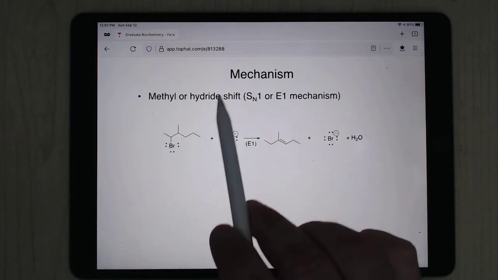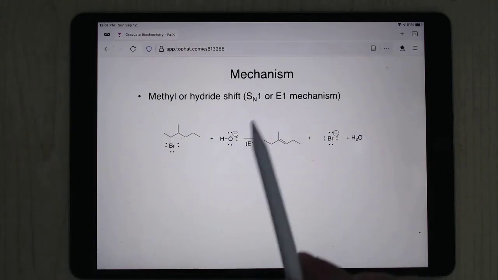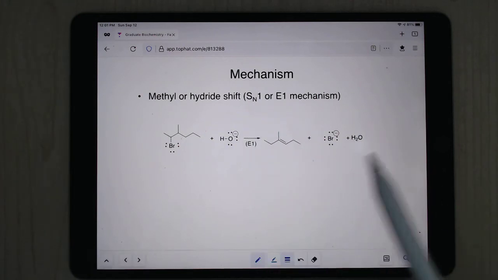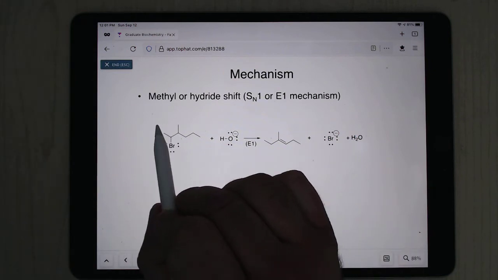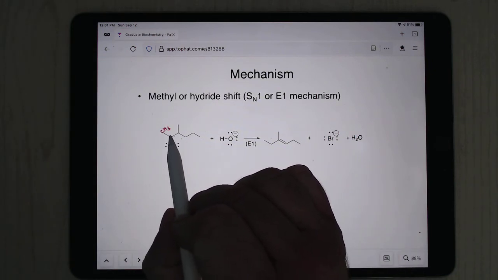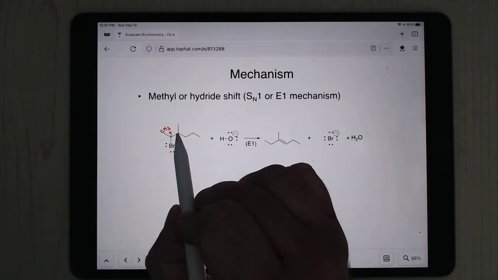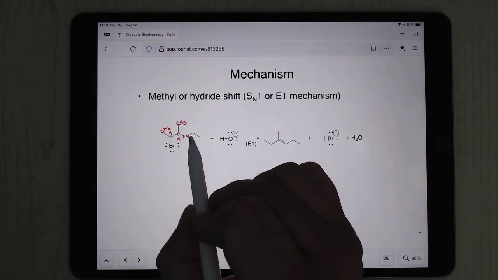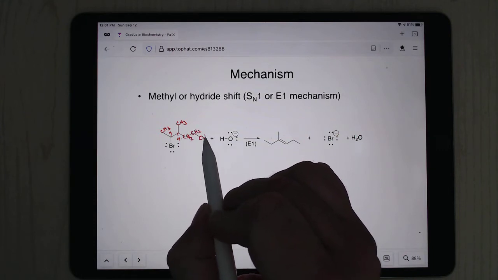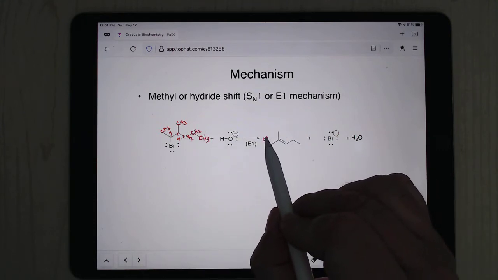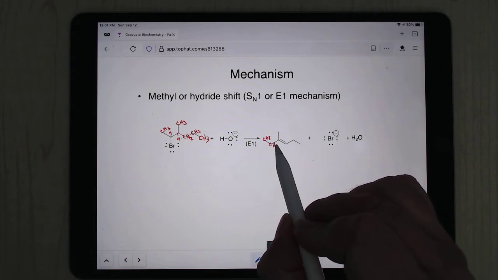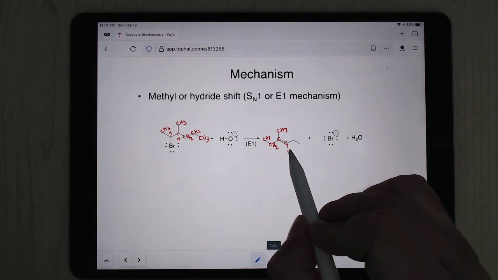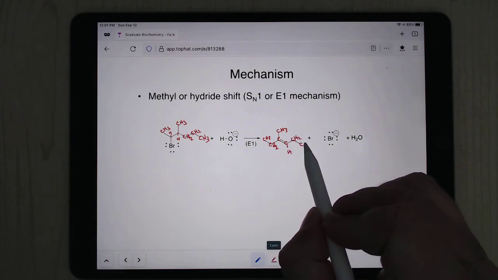The other one would be a methyl or a hydride shift, and this one can only be an SN1 or an E1 mechanism. The first thing you're going to want to do for this one is draw in the hydrogens. So CH3, there's an H here, there's an H here, CH3, CH2, CH2, CH3. Over here it's CH3, CH2, C, CH3, CH, CH2, CH3.